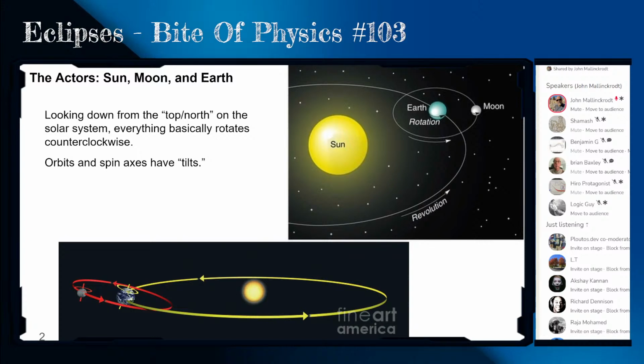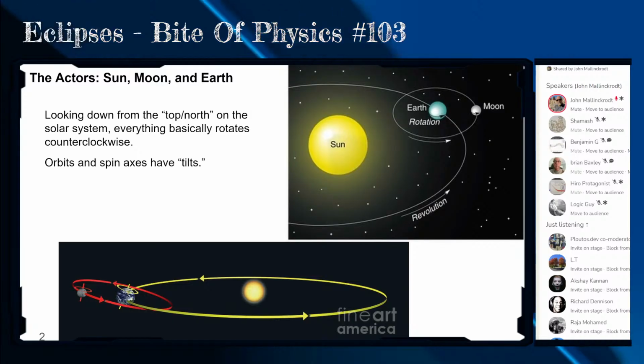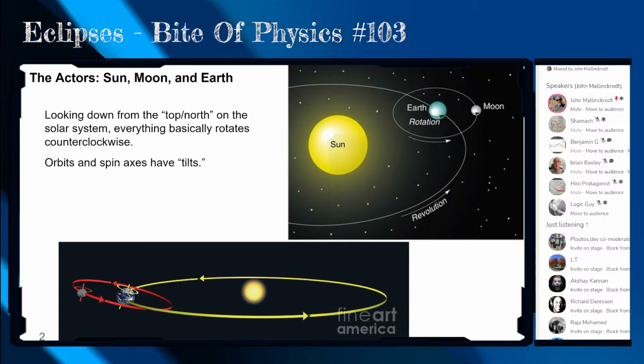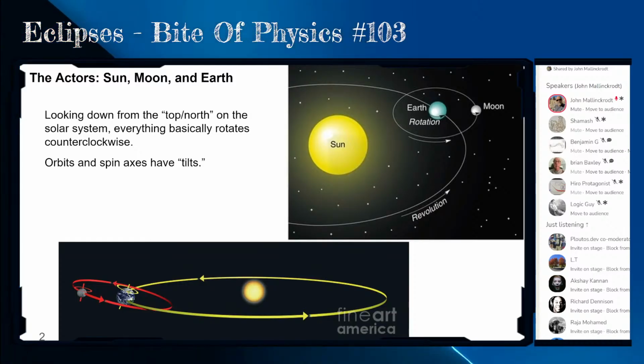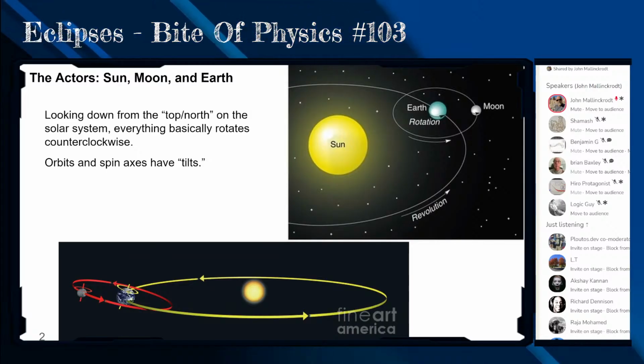And that means that in the two positions shown at the sides, on the right and the left, there could never be an eclipse. When the moon passes in front of the Earth, its shadow doesn't hit the Earth, and vice versa. When the moon is on the other side, the Earth's shadow doesn't hit the moon. So there can be no lunar eclipses, no solar eclipses in either of those positions.